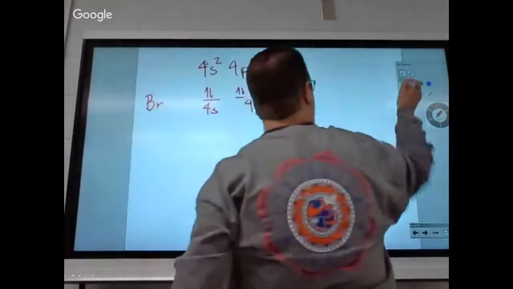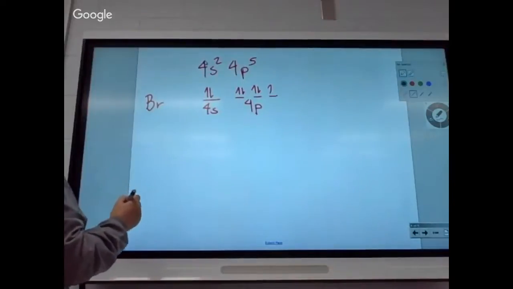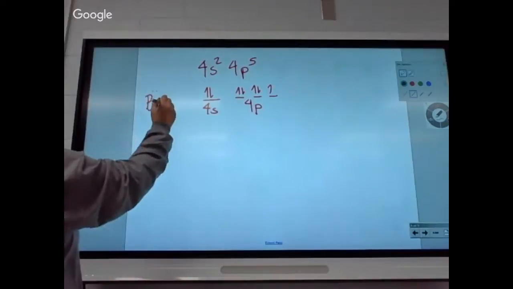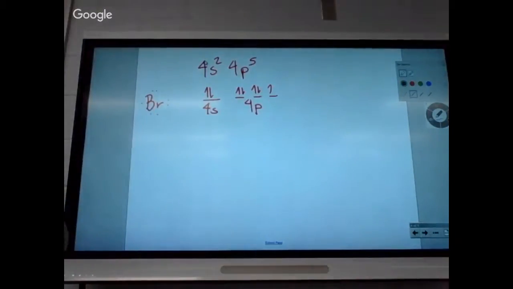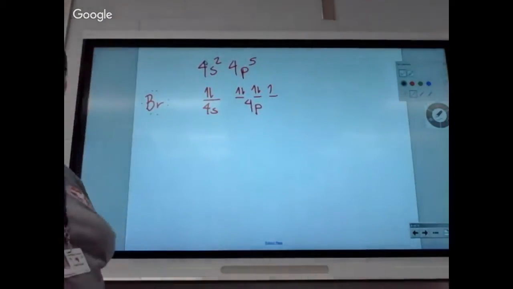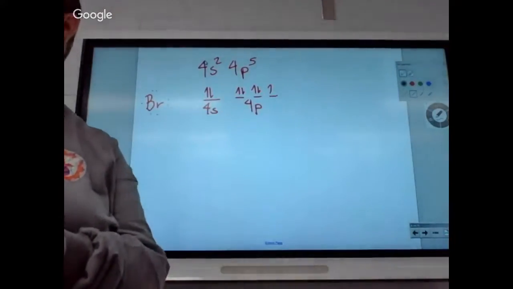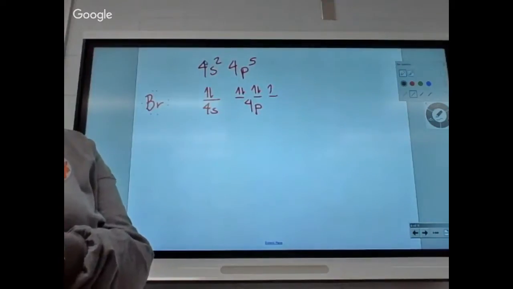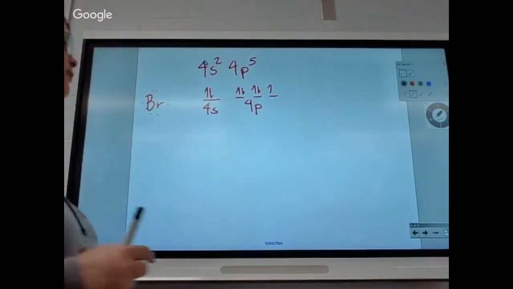So, how am I drawing these dots? 3 pairs and 1 single. Doesn't matter which side has the single, as long as you got 3, 3, 3, and a single. So in order to do that diagram, you have to get the electron configurations. Basically, you gotta know everything. So basically, this is just too much. It's just too much, I know.